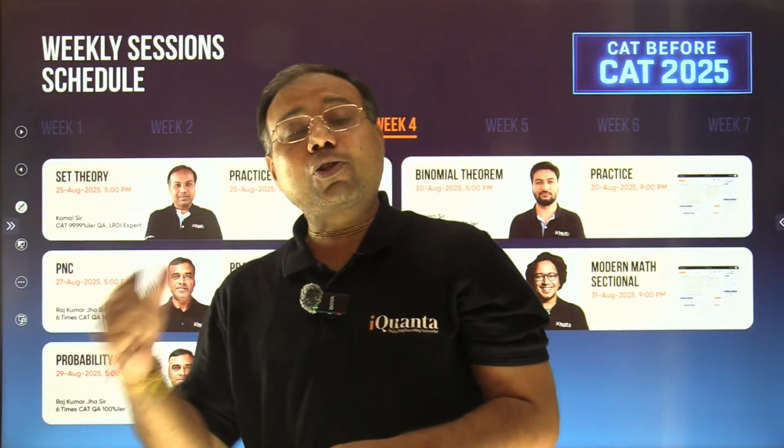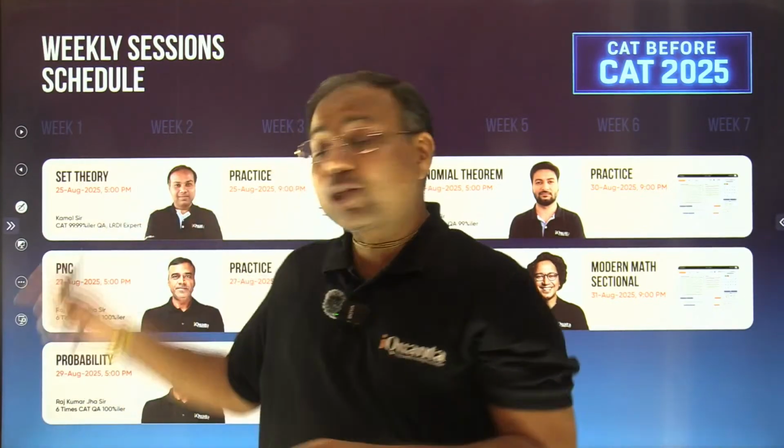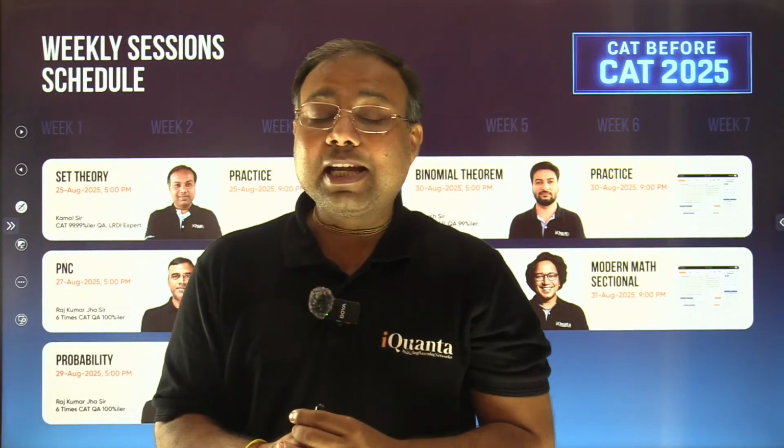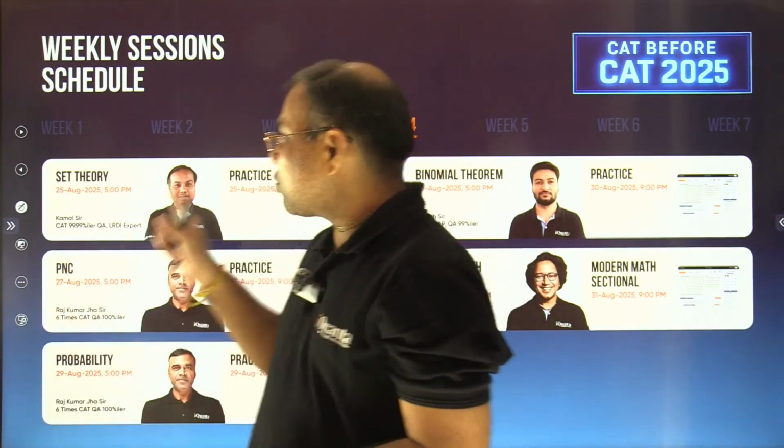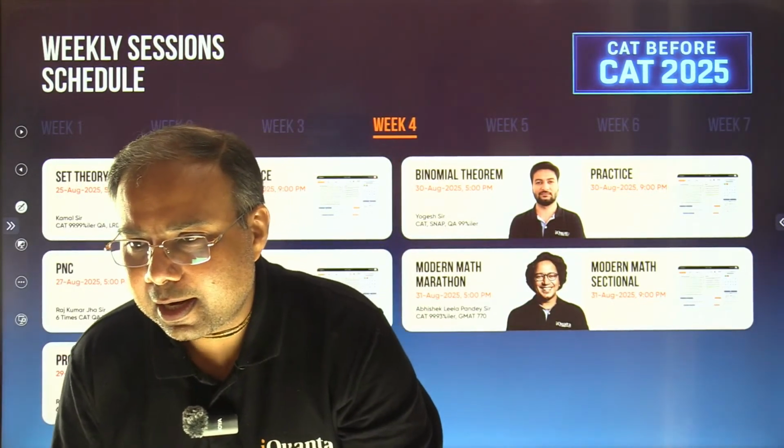But still this topic finds a place in your quantitative aptitude exam, CAT exam, quantitative aptitude section. And regarding set theory, that is a very famous version in your LRDA section as well, right? So today we are going to discuss about this set theory part, and I hope this basic introduction is fine. Let's move now.